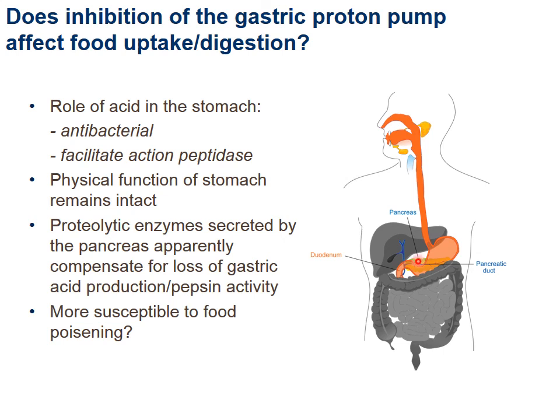Of course, there is some evidence that people taking proton pump inhibitors are more susceptible to food poisoning, which can be understood based on the antibacterial role of acid in the stomach.